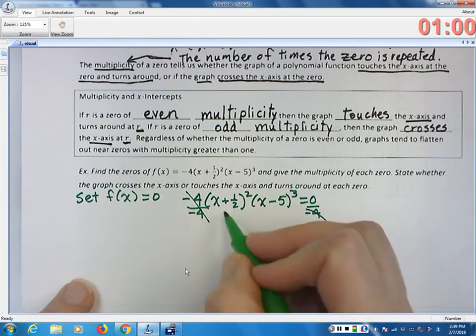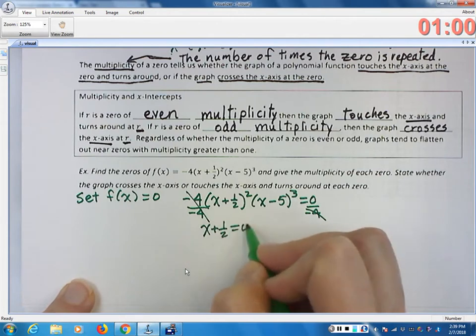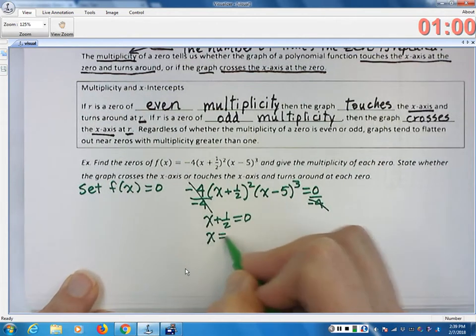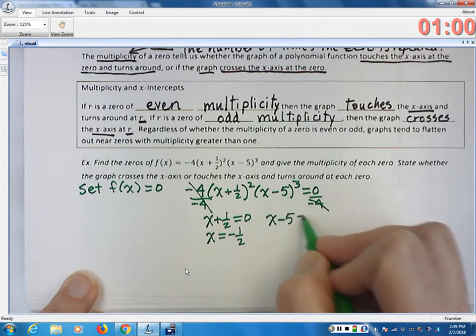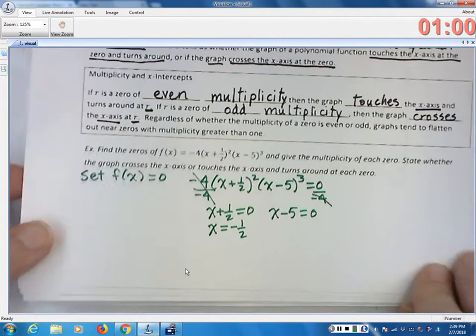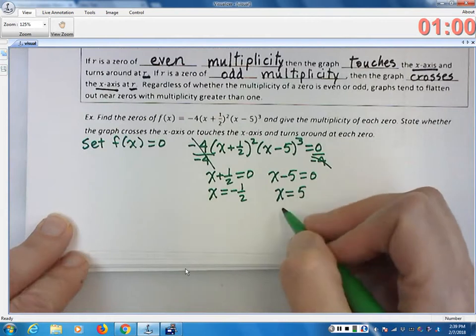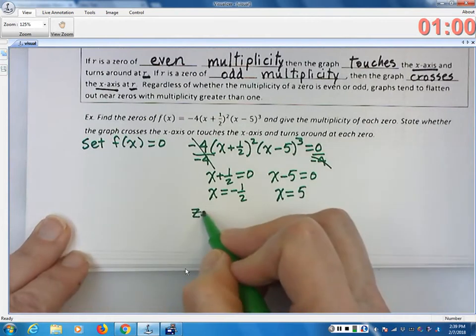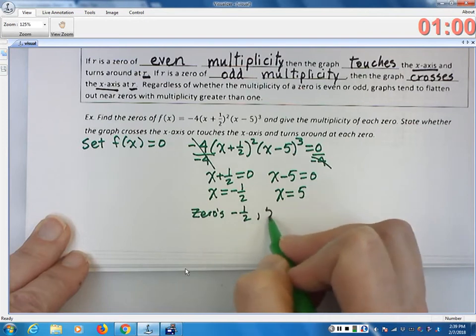So we're going to set x plus a half equal to 0. We get x equals minus a half. Set x minus 5 equal to 0. We get x equals 5. So we have zeros at minus a half and 5.